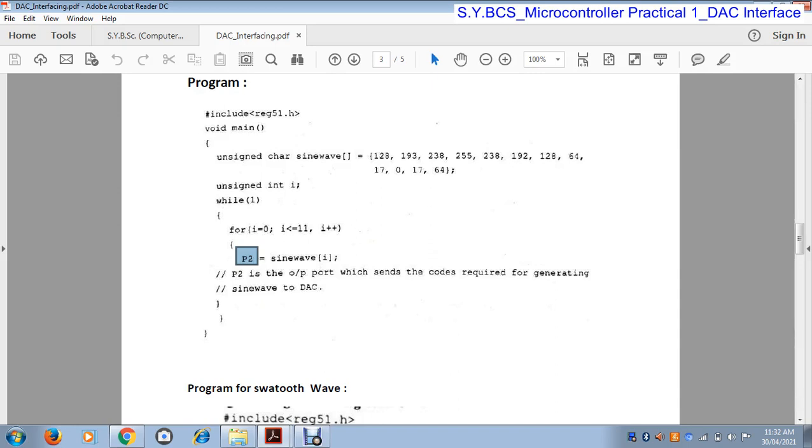Here a comment is given: P2 is the output port which sends the code required for generating a sine wave to the DAC.